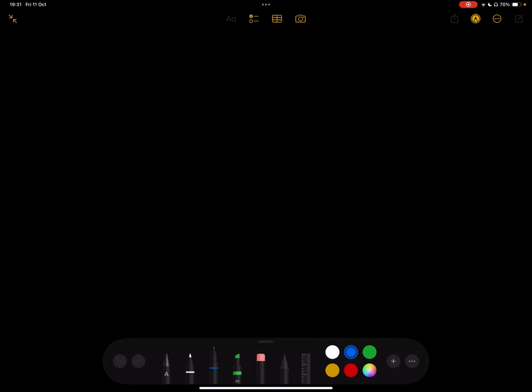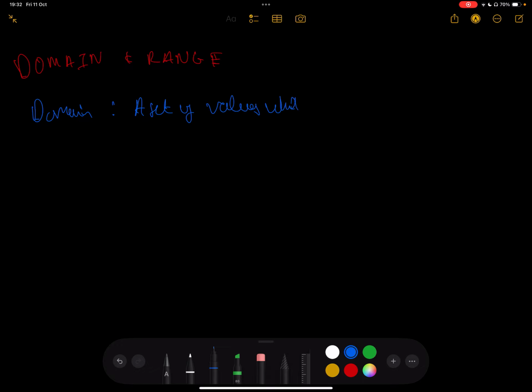So first we need to actually identify what is the domain and range. The domain is defined as a set of values which the variable can take.